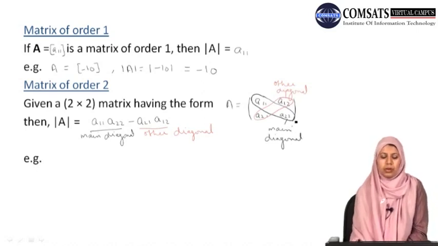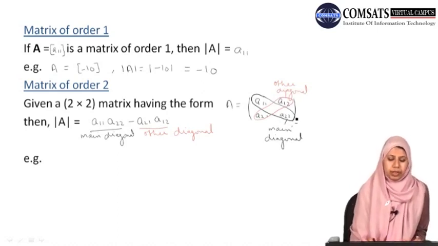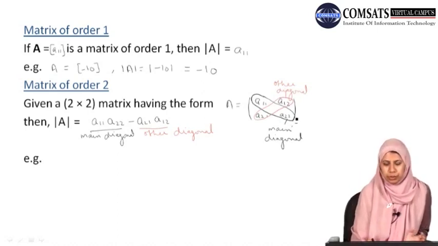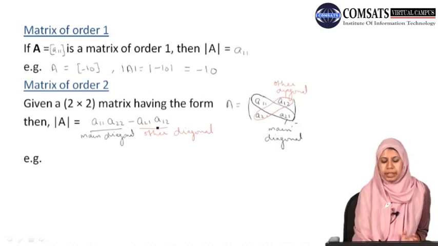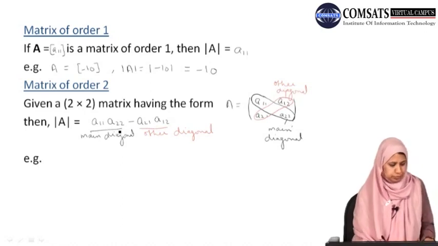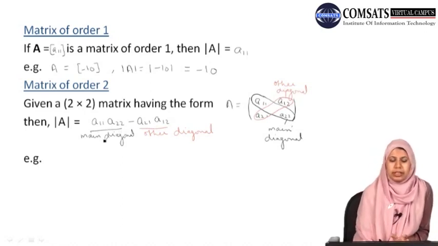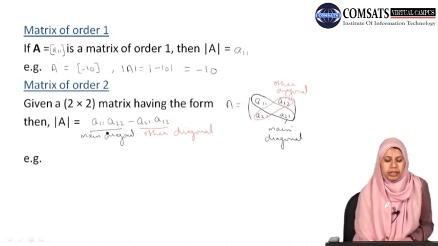So how can we calculate the determinant of a matrix of order 2 by 2? Simply take the product of both diagonals, the main diagonal and the other diagonal, and subtract the other diagonal from the main diagonal. That is, the determinant of a matrix of order 2 by 2 is the difference of the other diagonal from the main diagonal.